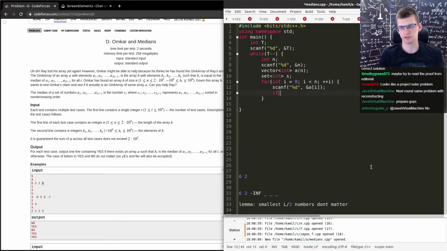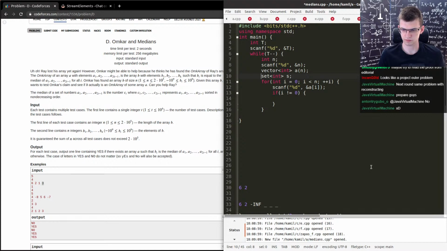Do this. If i is not 0, then compare to the previous element, a i minus 1, and check if there is something between them. Does it matter that there are repetitions? I think it can matter.